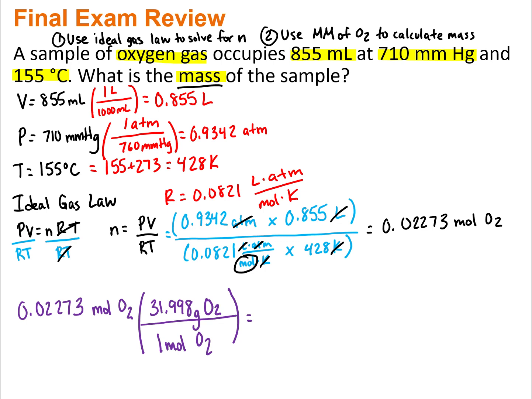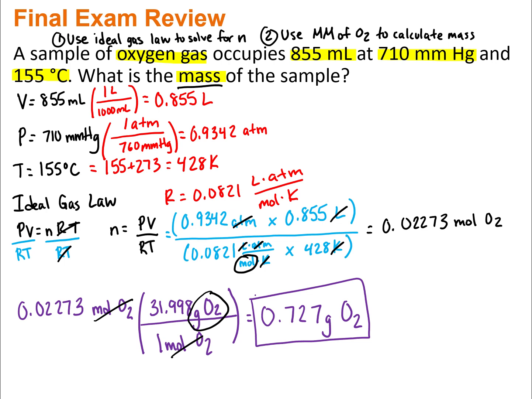If you use the wrong molar mass, you'll get the wrong mass of oxygen at the end. And there's our mass, 0.727 grams of oxygen.